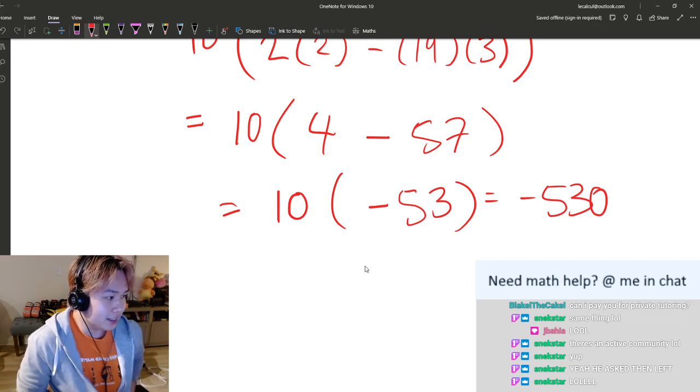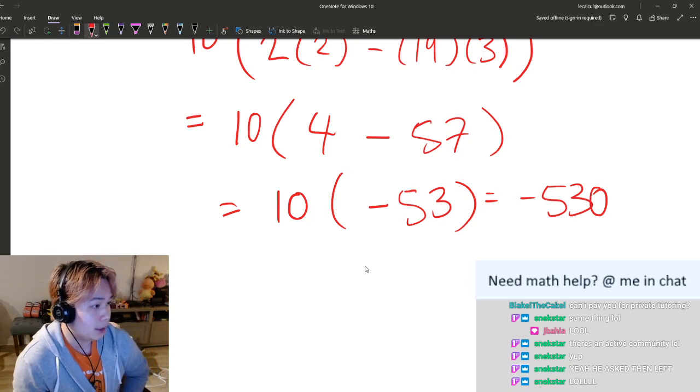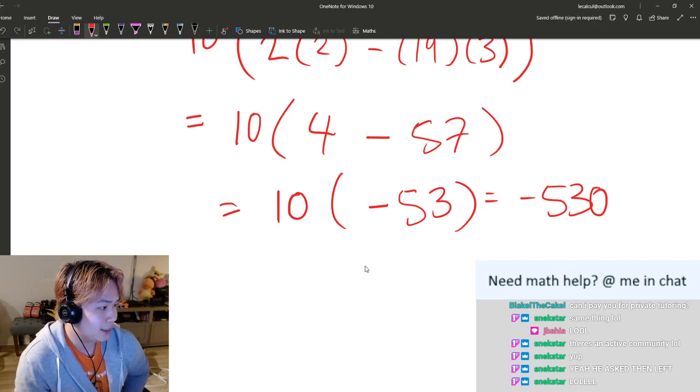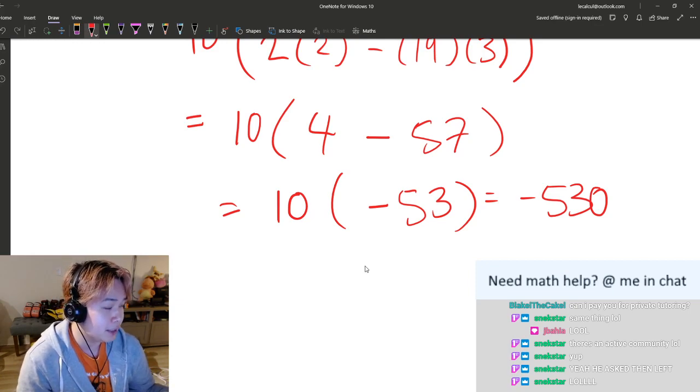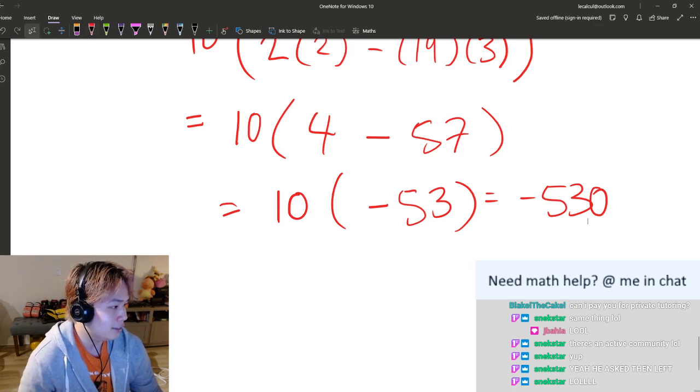I gotta say though, it's pretty dry right now. I thought there would be more people joining and then asking math help. And I even posted on the IB subreddit again. But you know what? I don't know. It's so weird because you go to the subreddit and every day there's like 3 posts about people saying that they need help with math.